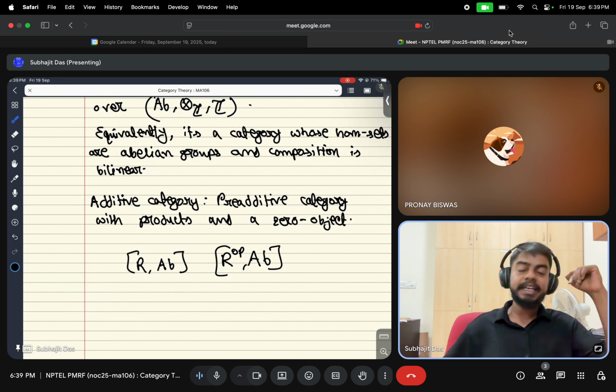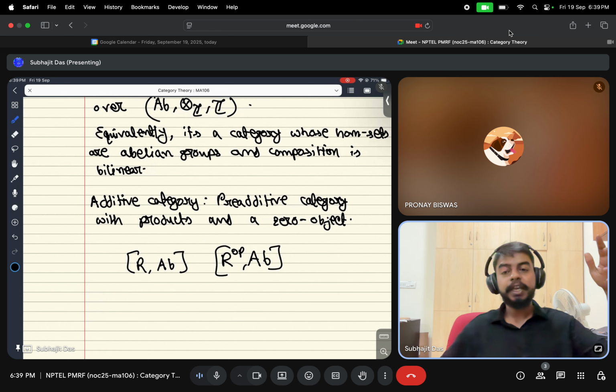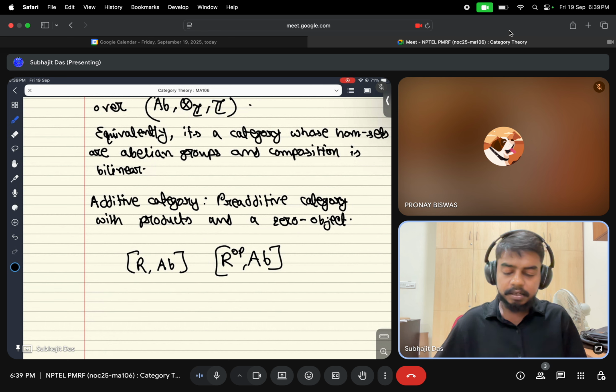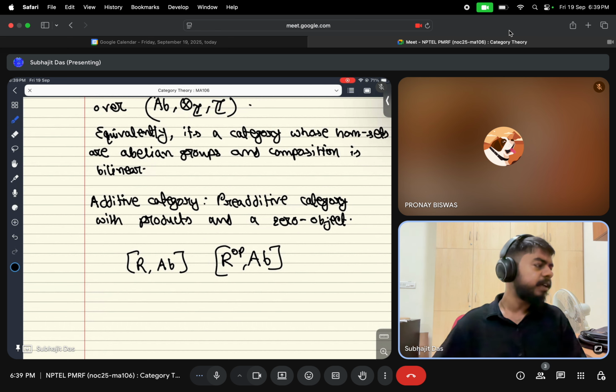And in fact, this concept was first formalized by, I guess, P. Mitchell, and it is applicable in a number of different contexts, like, for example, in representation theory.